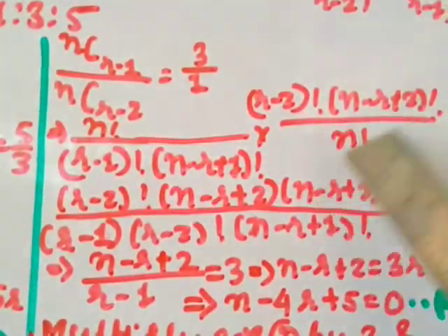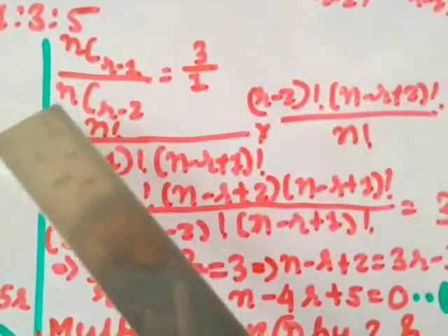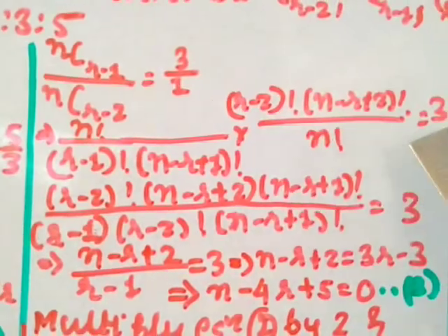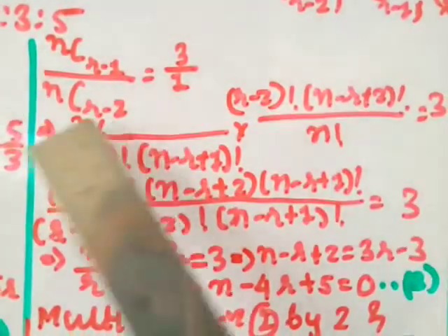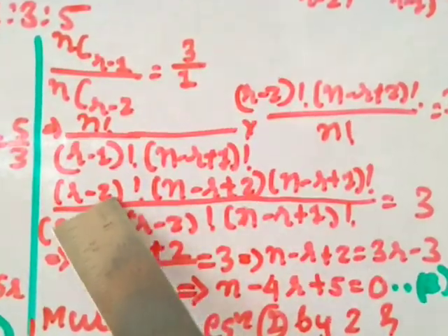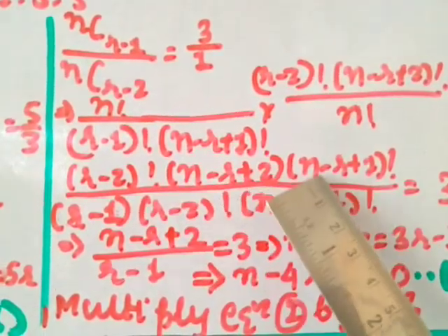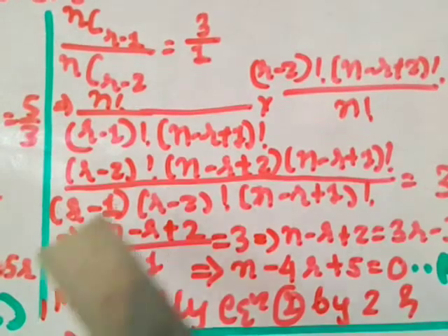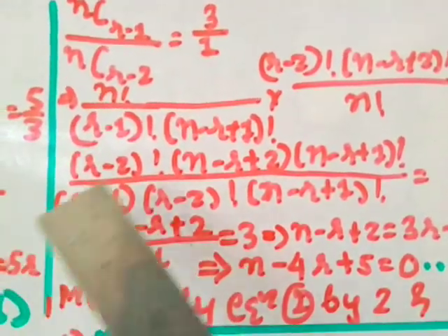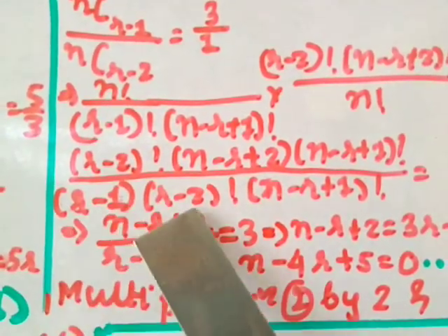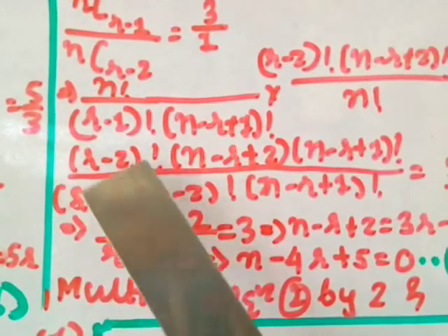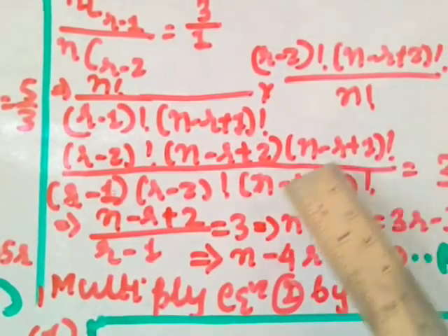Now this will be reciprocal, so it will be n factorial divided by, which goes in the numerator, (r minus 2) factorial into (n minus r plus 2) factorial equal to 3/1, which can be written as 3. n factorial cut, r minus 2 factorial as it is, n minus r plus 2 factorial is written as (n minus r plus 2) into (n minus r plus 1) factorial. This r minus 1 factorial I am expanding as (r minus 1) into (r minus 2) factorial. Why? Because I can cut with this. This you keep as it is because you can cut with this, equal to 3.